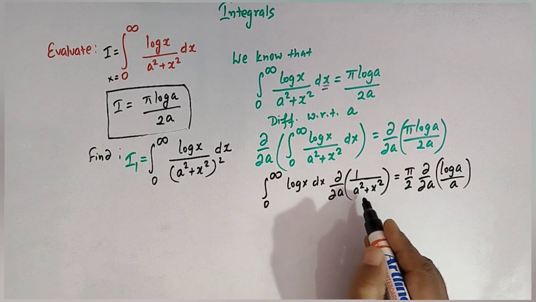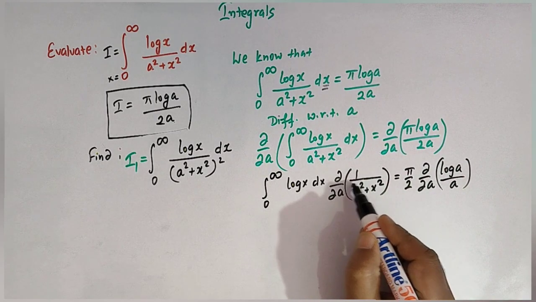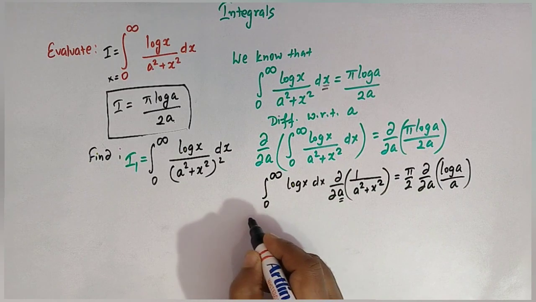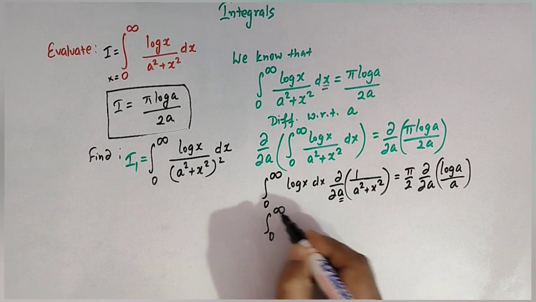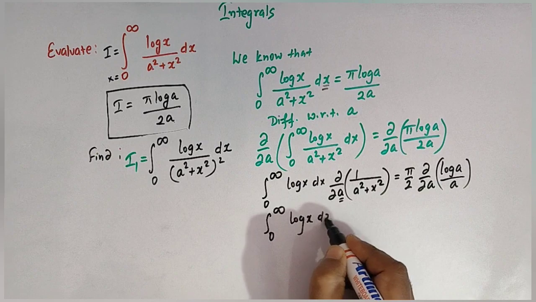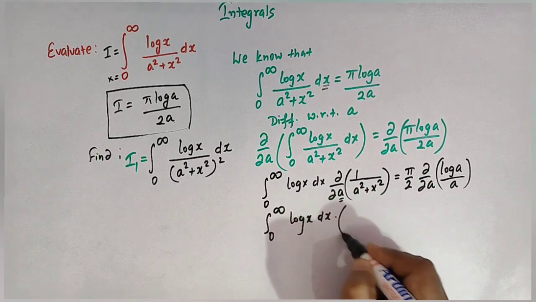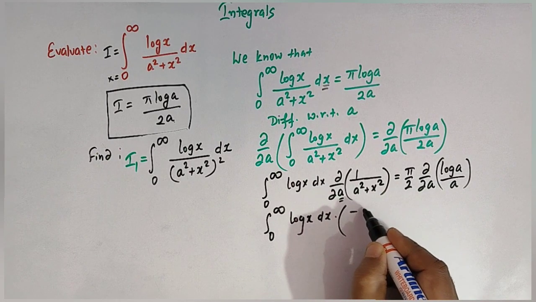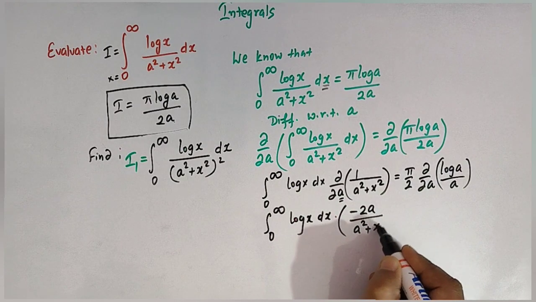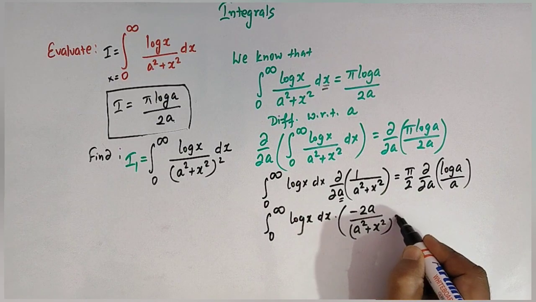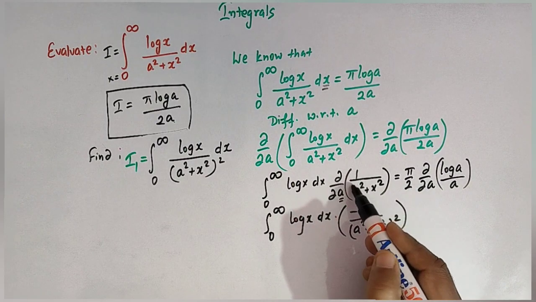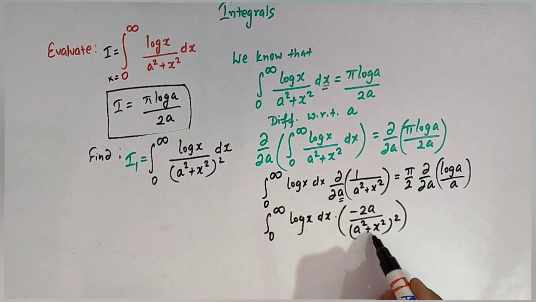Now the derivative of 1 over a square plus x square with respect to a is given by minus 2a over a square plus x square whole square. So we write 0 to infinity log x dx times this derivative, right?